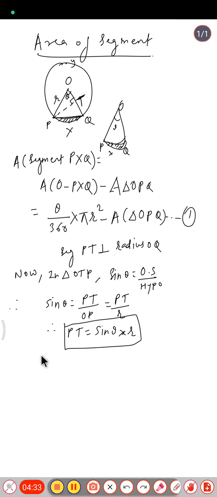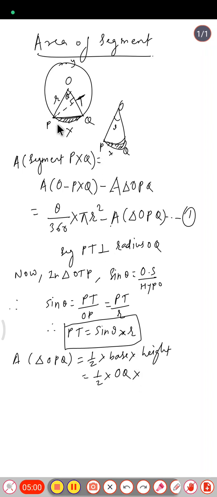Now the next step is that we have to find out this area. So area of triangle OPQ, right, is half into base into height, clear. So we have half, base is nothing but OQ, into height, which is PT, as we know the value of PT is r sin theta.